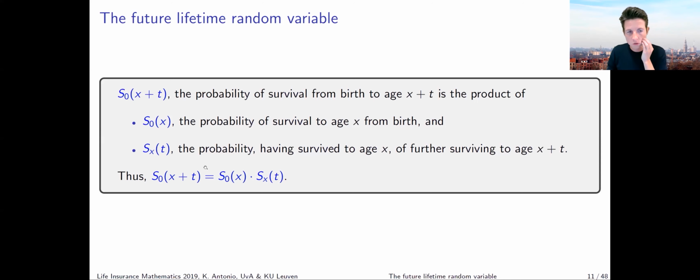In actuarial or life insurance mathematics, we call this a multiplication rule, right? This is one of the concepts that you're often going to play around with. So if you want to survive until age x plus t as a 0-year-old, you first need to survive until age x, and then you need to survive another t years given that you reached age x. And that's what we formally see over here.